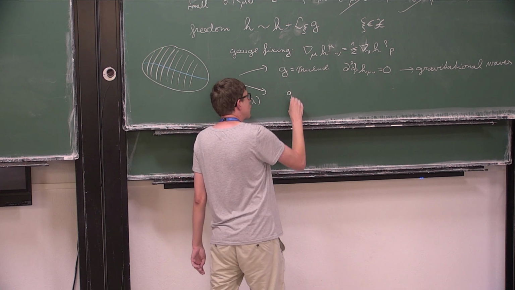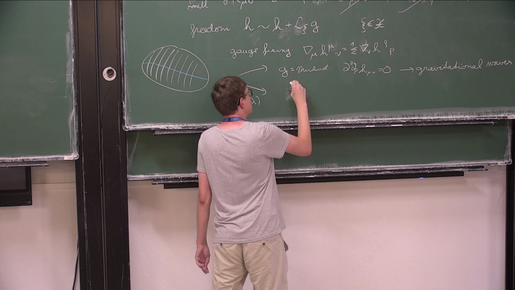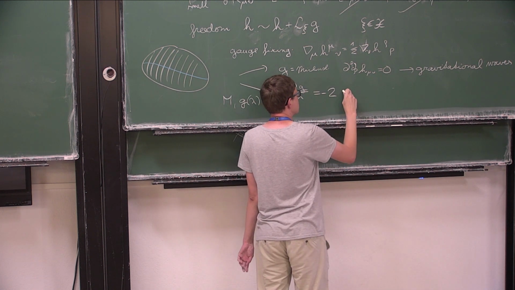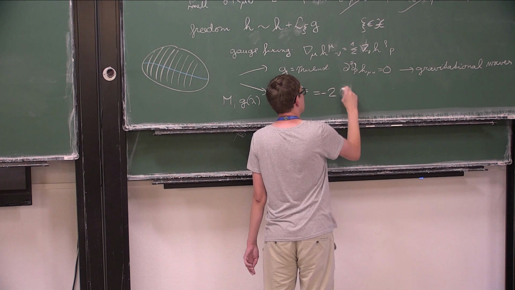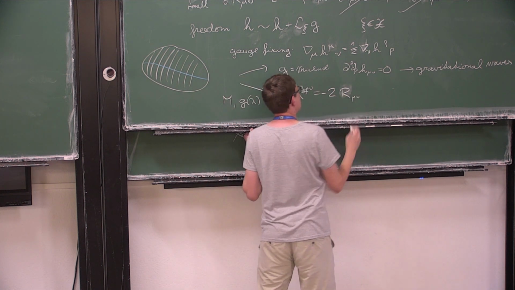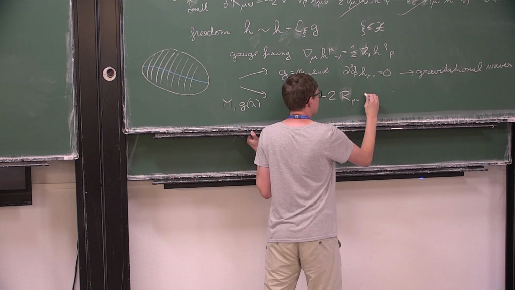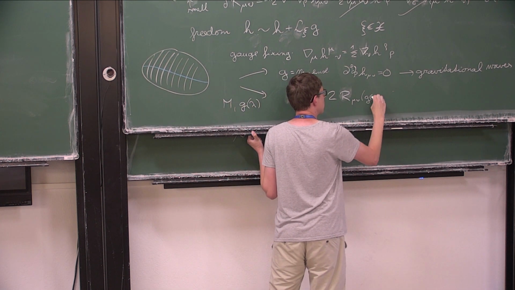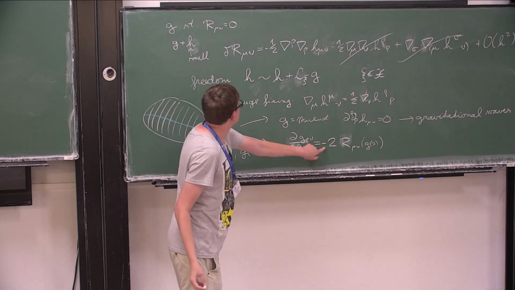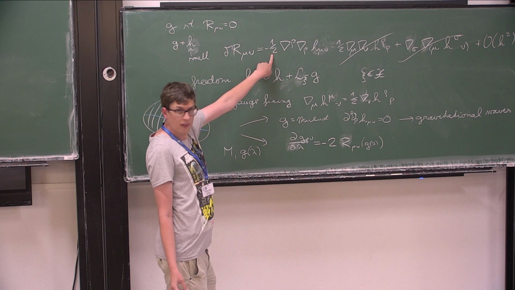Now you can consider the following equation: the derivative of G with respect to lambda is minus 2 times Ricci, for the metric G of lambda.